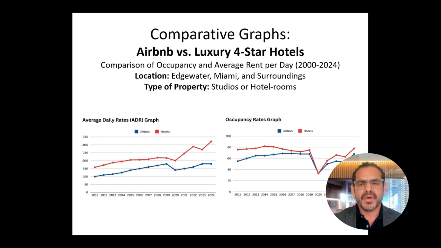The difference is that hotels always maintain an advantage of around 100% more than Airbnb, ending 2024 with an average daily rental rate of $180 for Airbnb and $321 for hotels. On the right, we have the graph of the average annual occupancy rate, where we see it was also on the rise until the pandemic, showing the impact in 2020.